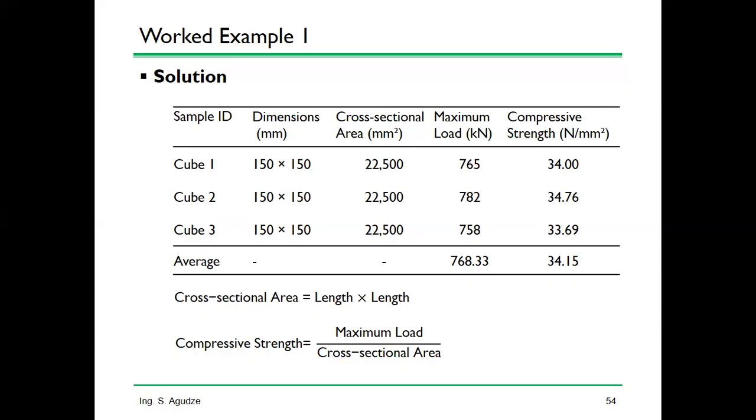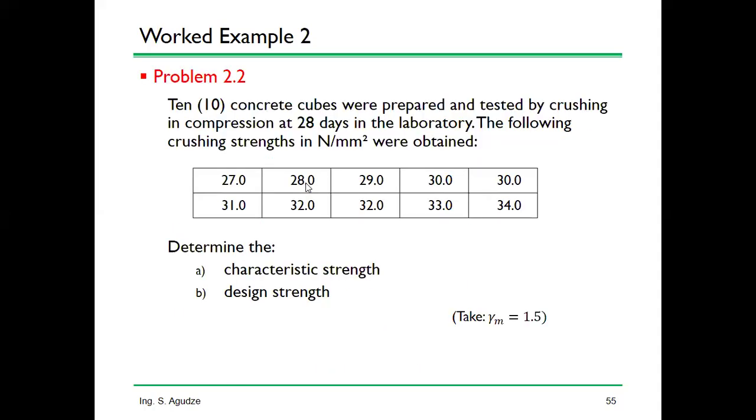If I give a question like this and somebody cannot do it, my follow-up question comes. 10 concrete cubes were prepared and tested by crushing in compression at 28 days in the laboratory.